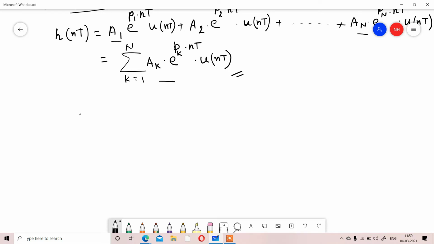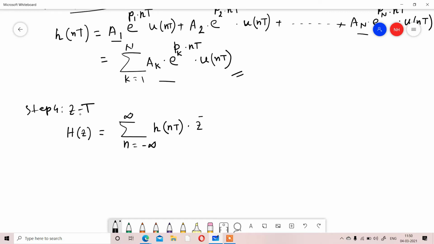So if we apply Z transform over that sampled sequence, you will get H(z), and the formula of H(z) you know: summation n equal to minus infinity to infinity h(nT) into z to the power minus n.